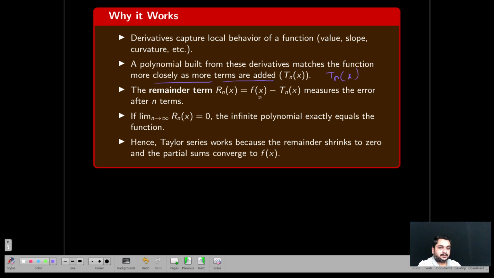Now what is the difference? If f of x is the function and the Taylor series is given for this function as this, definitely there is some error. Let us say the residual or error is Rn of x. Now when n approaches infinity, this value approaches 0.